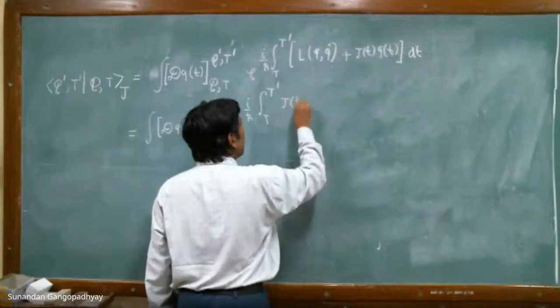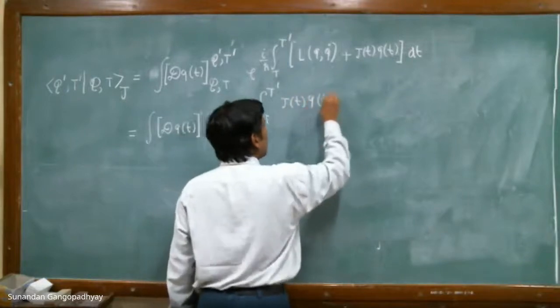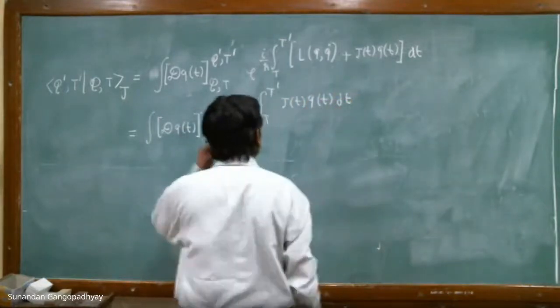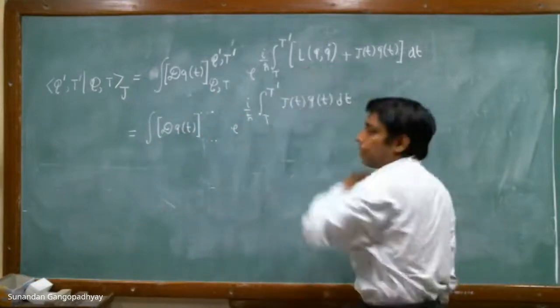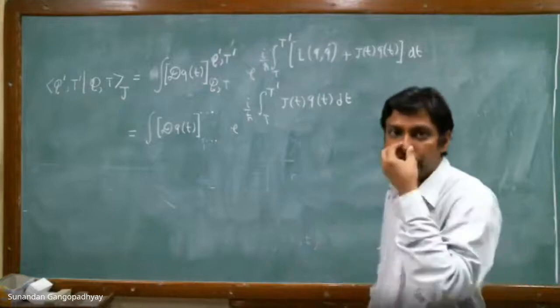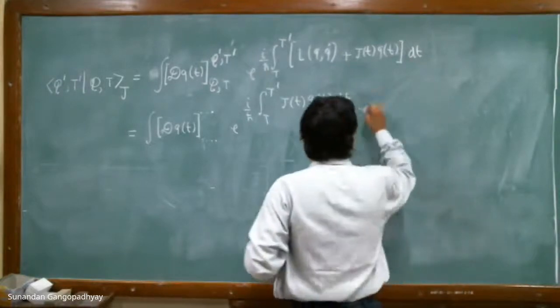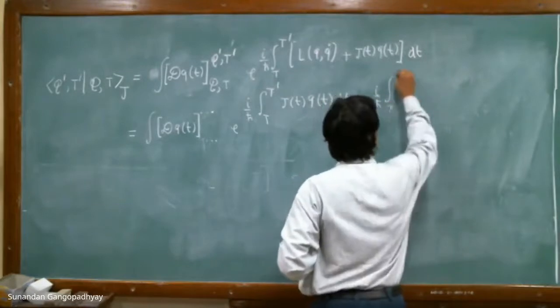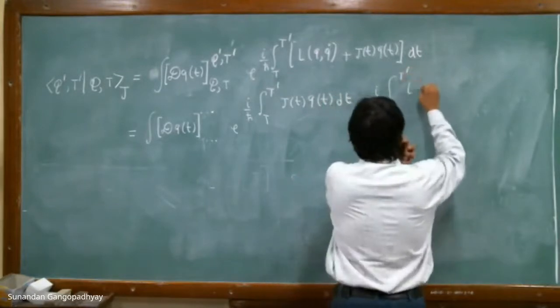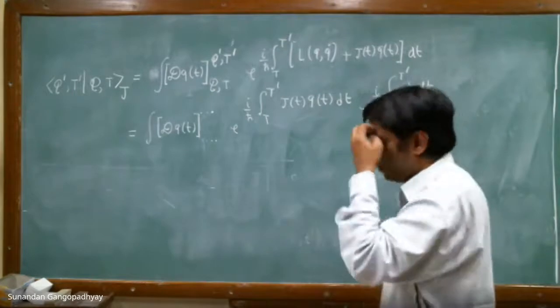j. This can be broken up because all these are numbers, so the exponential you can write anywhere, these are not operators. And this is L. This is what we have.